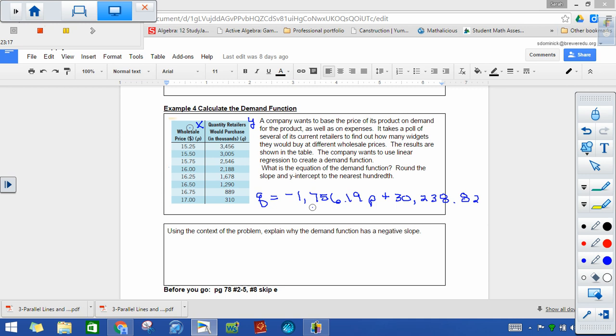If the price is going really super high, people aren't going to buy as many. That's why that negative sign is there. So down here, as price goes up, the number bought, or the quantity, goes down.